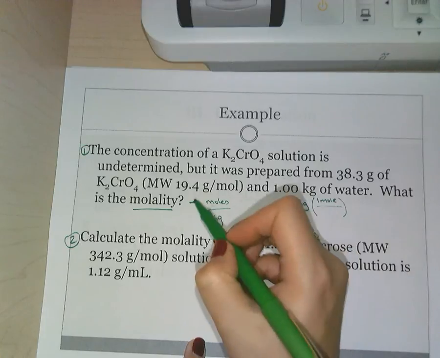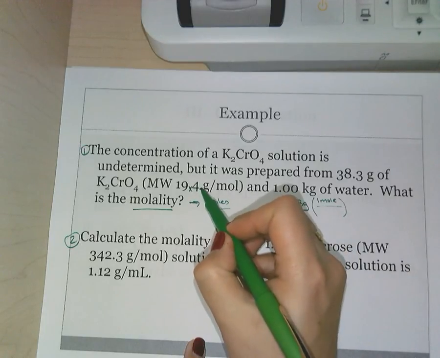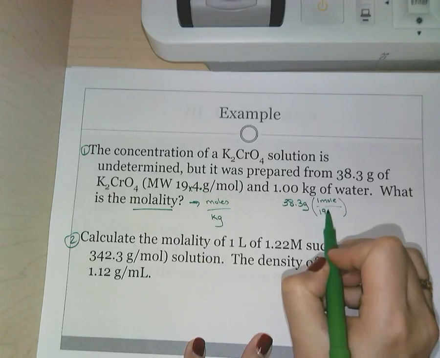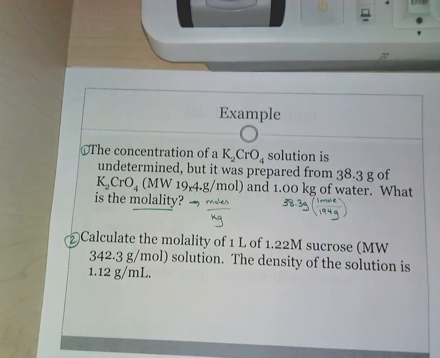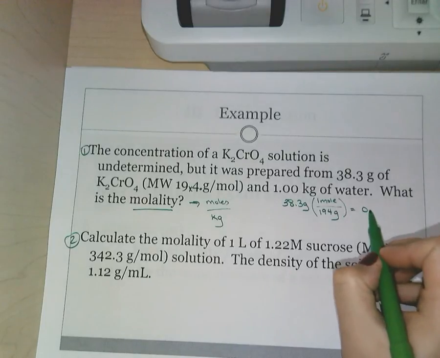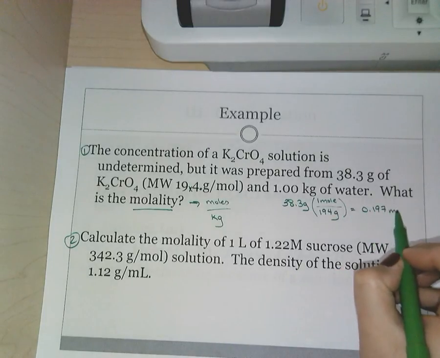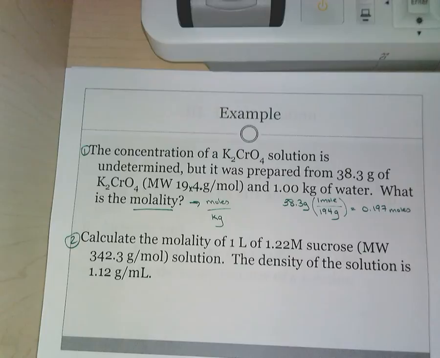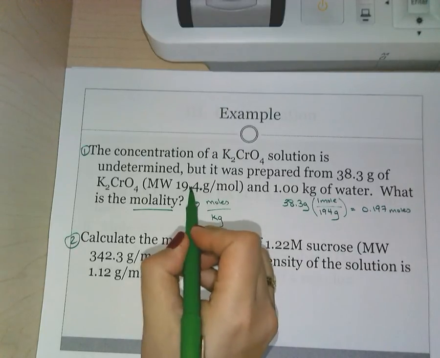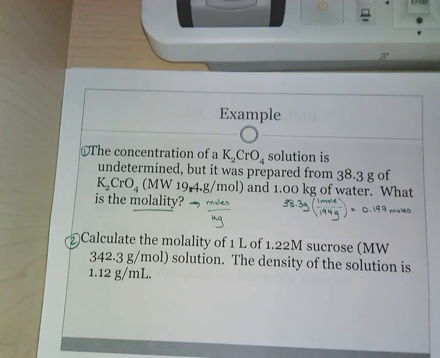Clearly that decimal point's in the wrong spot. It should be 194. 19 doesn't make any sense for that mass. So once I figure out the moles, how do I turn it into molality?